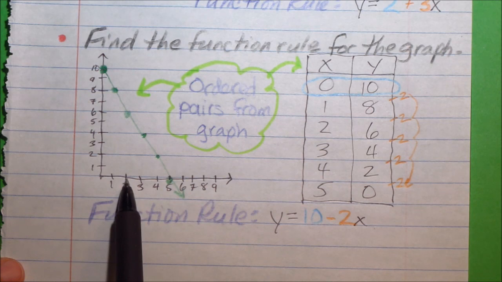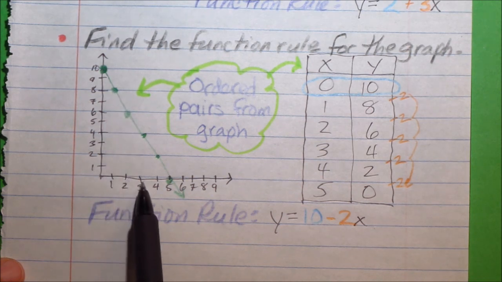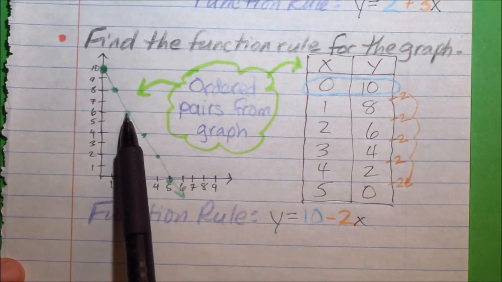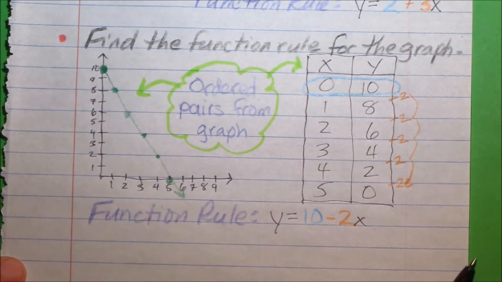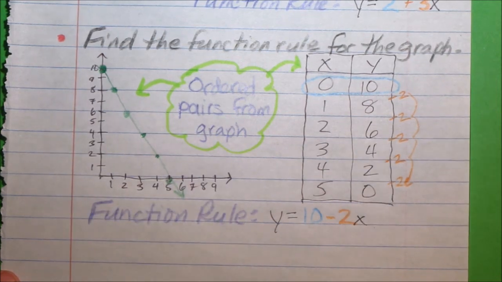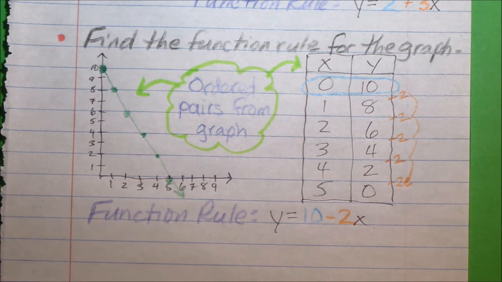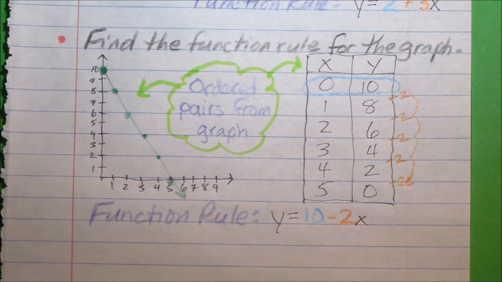When I went over 1 more, it went down 2. It went from 8 to 6. When I went over 1 more, it went down 2. It went from 6 to 4. So soon you'll be able to recognize that right from this without doing this. But right now we're doing them both just so you can see how they connect, and then you can finally get your function rule. All right?